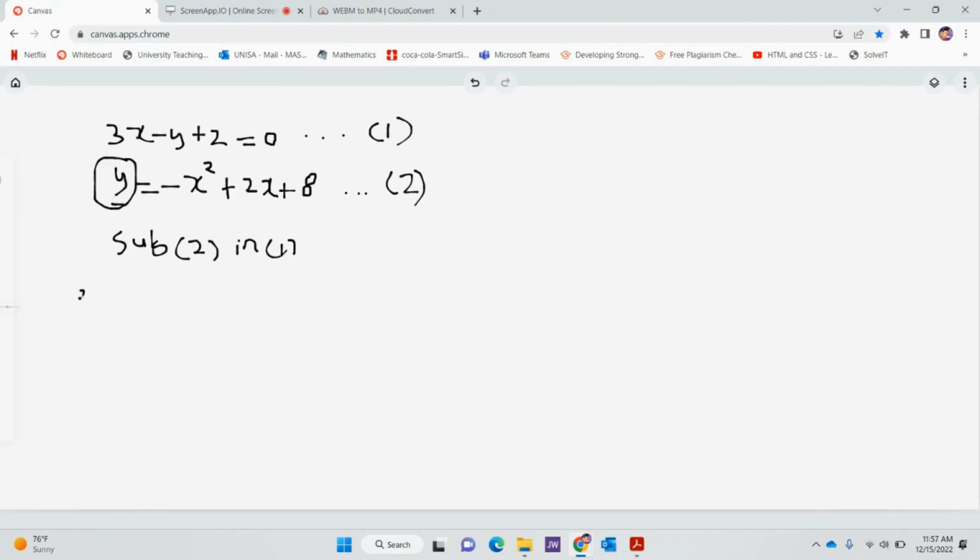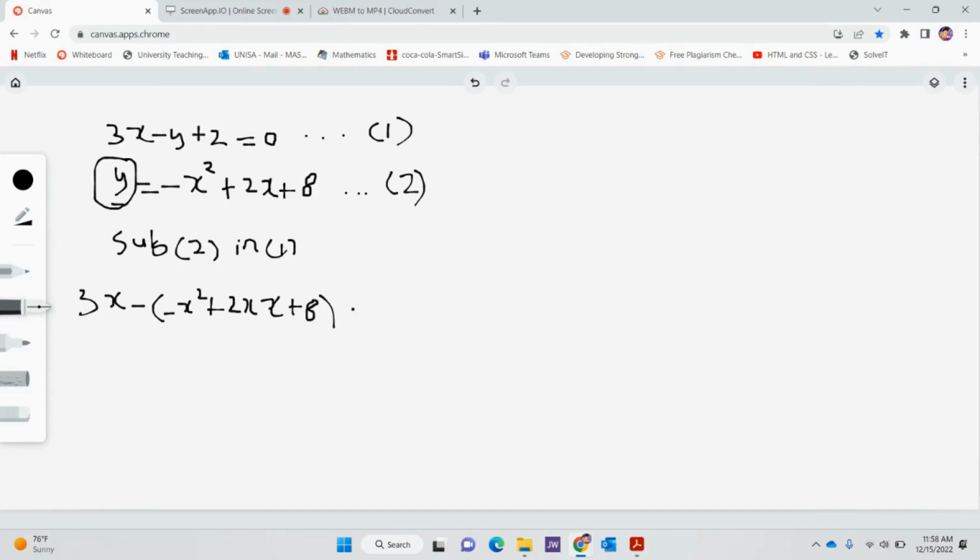Okay, so substituting into equation 1, we will have 3x, and then our y is minus x squared plus 2x plus 8. Then we have plus 2. This is equals to 0. Okay, let's break out that bracket.